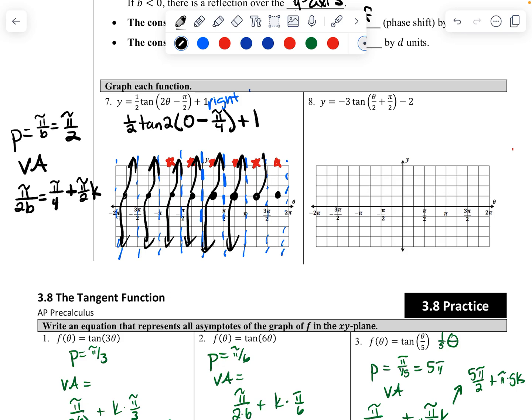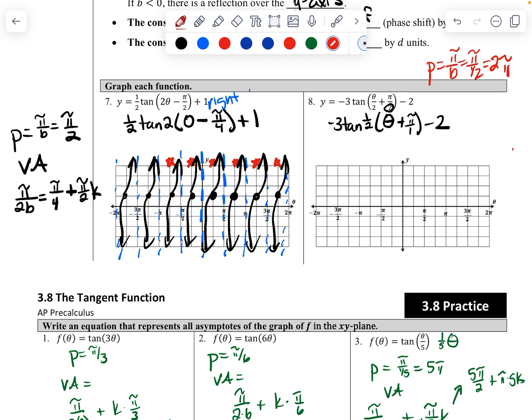All right, so let's take a look at one last one here. If we factor out the half, -3, the tangent of half theta plus, we have to divide by the half in the denominator, so pi over 1, minus 2. Okay, so what is our period here? Pi over b, pi over half, so that's really 2 pi. And then our vertical asymptotes, pi over 2b, and b is half, so it's just at pi plus every 2 pi.